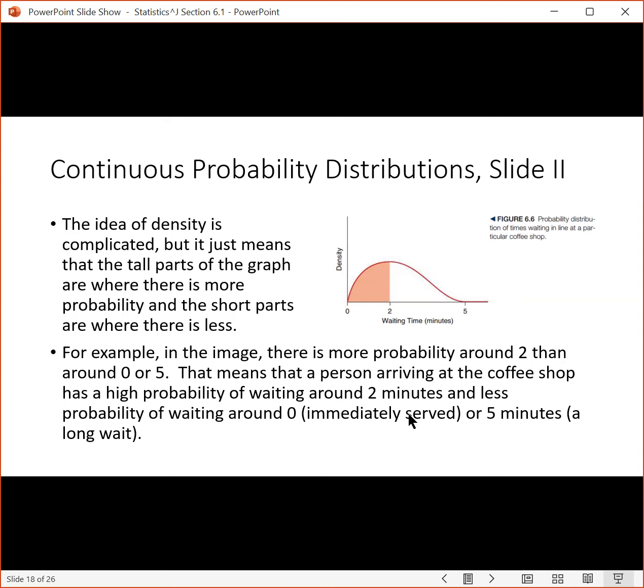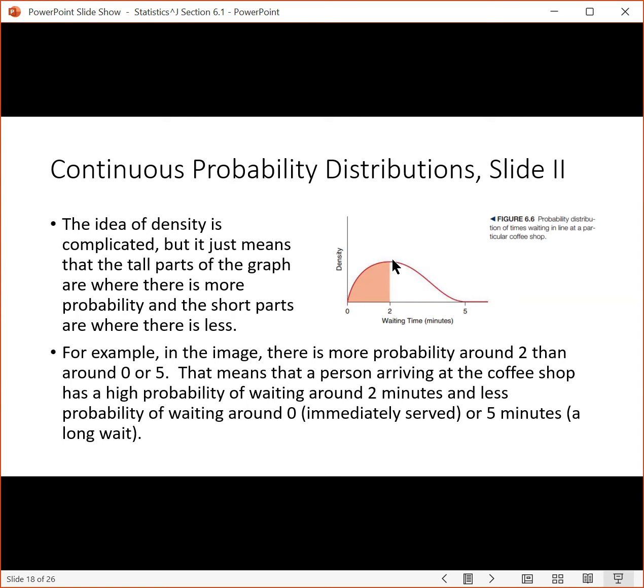For example, if we look at this image, there's more probability around 2 than there is around 4 or 5, and that's the height, right? So the graph is tallest around 2, so that's going to be more probability there. The graph is short around 0 and 5, so there's going to be less probability there. What does that mean? It means that a person arriving at a coffee shop has a high probability of waiting around 2 minutes.